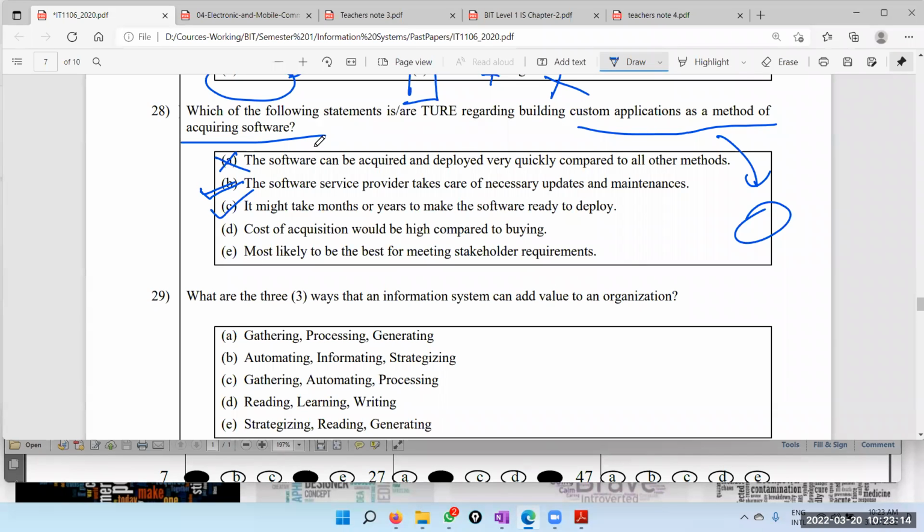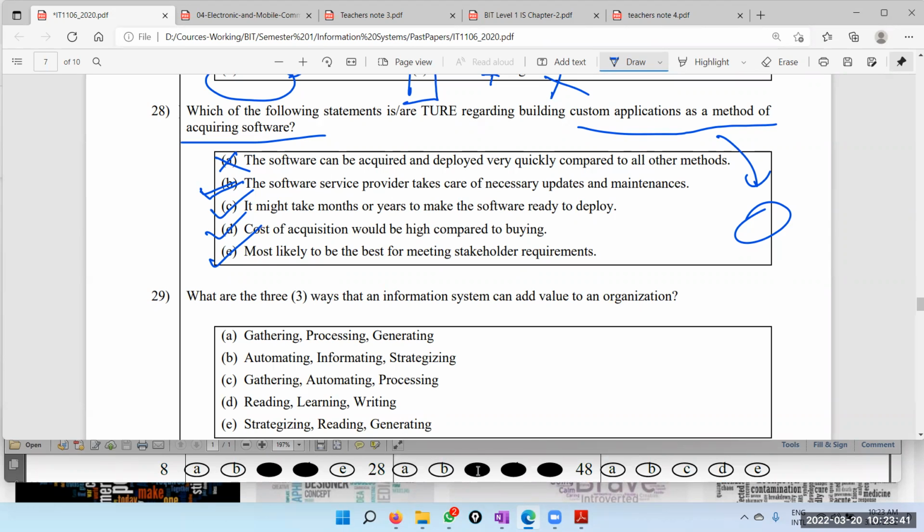Cost of acquisition would be high compared to buying. Obviously, yes, because this is specifically for you. You have to bear all the cost. Most likely to be best for meeting stakeholder requirements. Obviously, yes, because this is something specifically made for you, right? Not the general product. So therefore, I will go for B, C, D, E. I'm pretty sure the answer must be B, C, D, E.